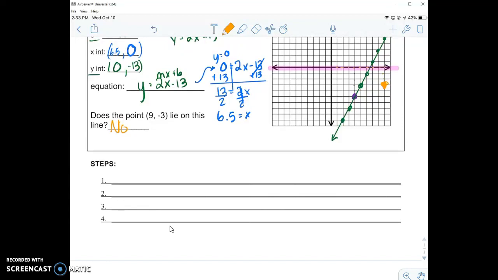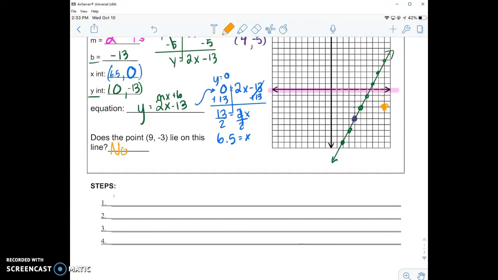In summary, my steps are to plot the point. So I find the point from the equation, and plot. I use the slope to find more points.